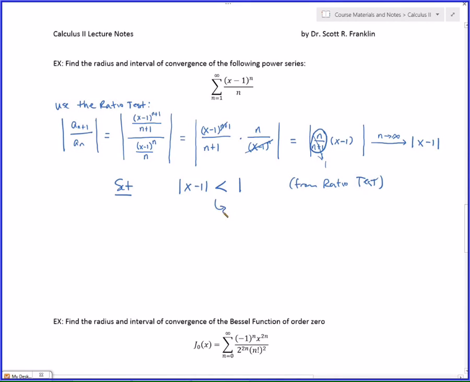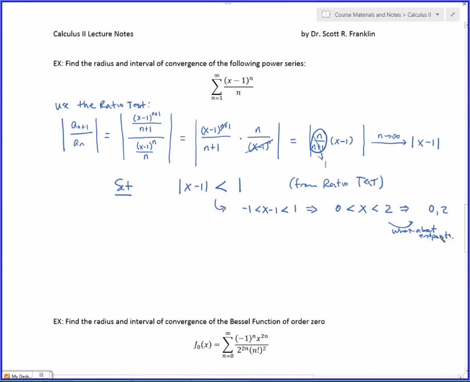Which by the way means x minus 1 is between 1 and negative 1, which means x is between 0 and 2. So your interval is 0 to 2, but you don't know what happens at the endpoints. Okay? What about the endpoints?